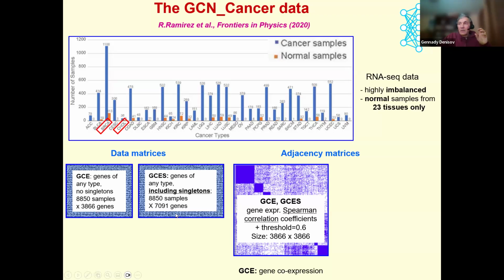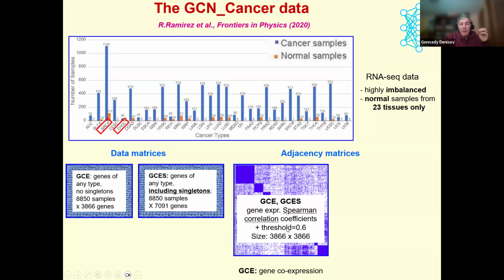That gave us a huge matrix of 3866 by 3866, and the values of this matrix are all between 0 and 1.